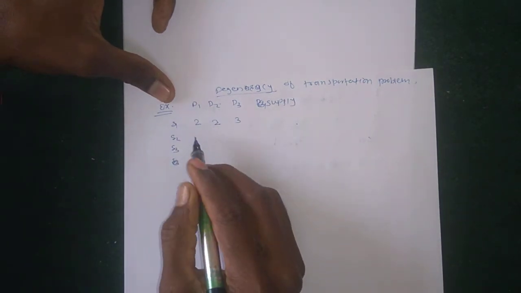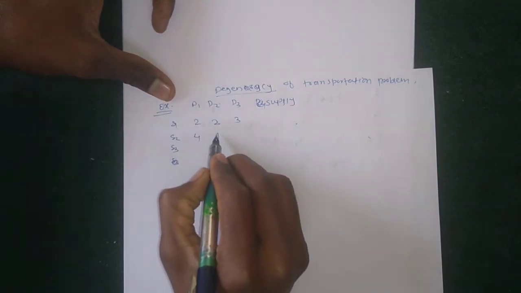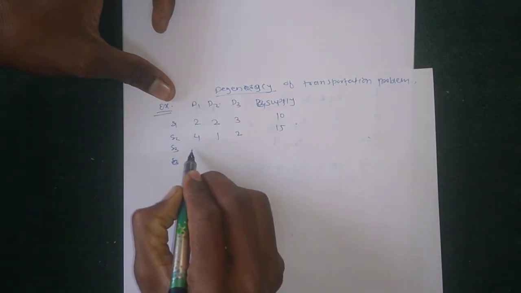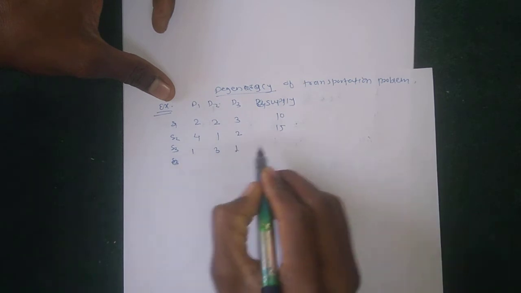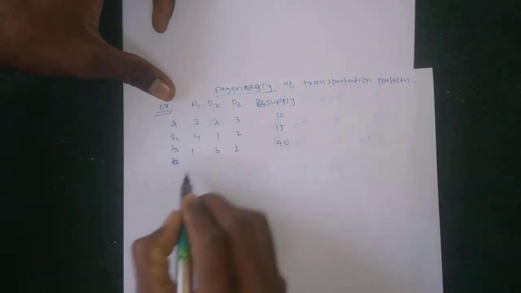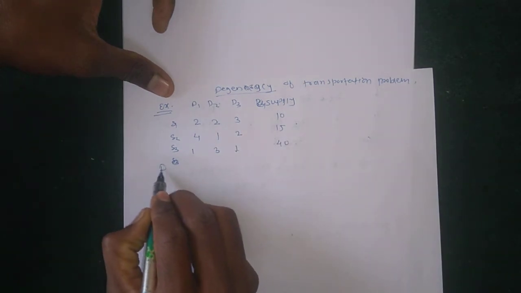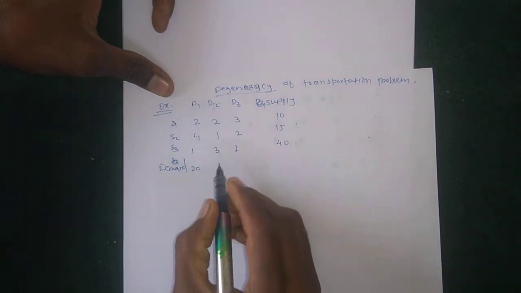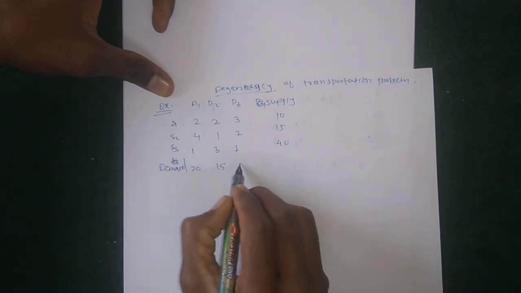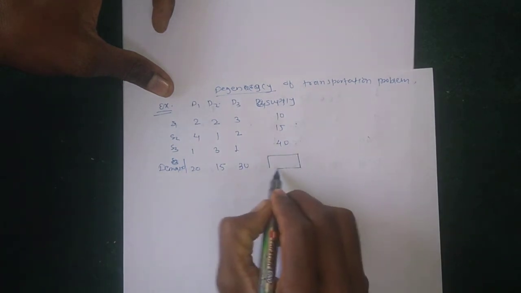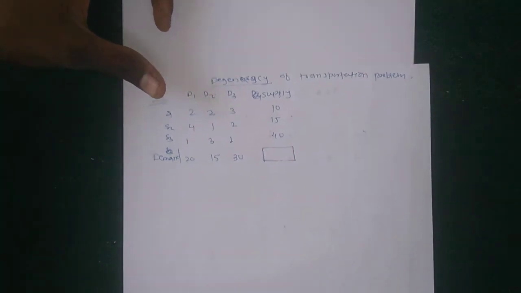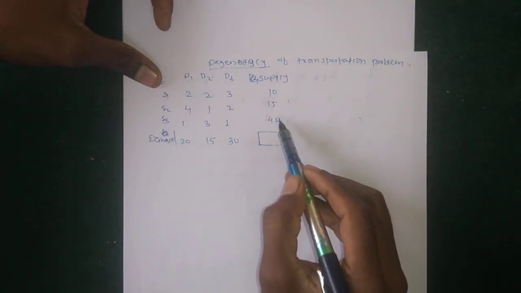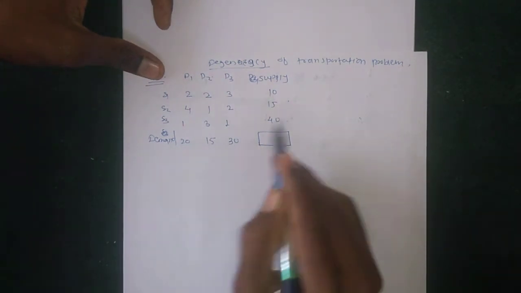The costs are 2, 2, 3, 4, 1, 2, 1, 3, 1, with supplies 10, 15 and 14, and the demands are 20, 15 and 30. Is the total supply equal to the total demand? Here it is 65, and here also 65.